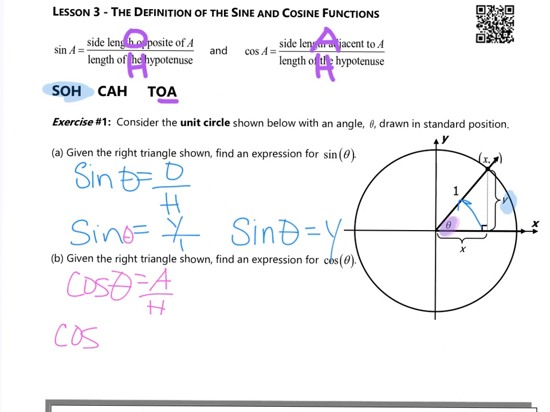So we're talking about the same triangle that has been drawn. So my hypotenuse is 1, and the adjacent is the one next to it. So that's my x. So the cosine of theta equals x. So that is where everything that we've talked about in this lesson has come from.